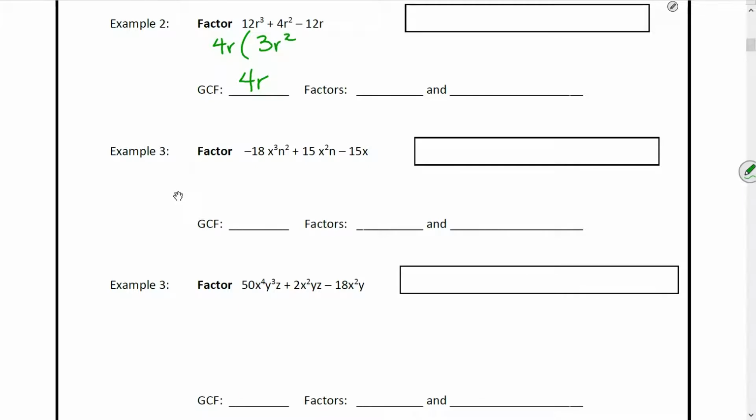So 4r times 3r squared is 12r cubed. Then 4r times what is 4r squared? Well, I already have the 4, so I don't need a coefficient here. R times r is going to be r squared. So 4r times r is 4r squared.